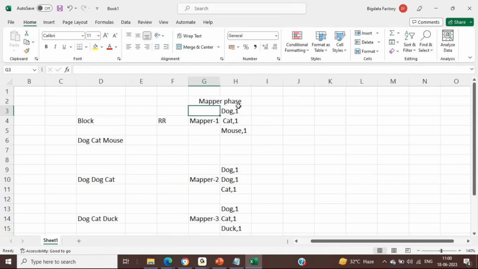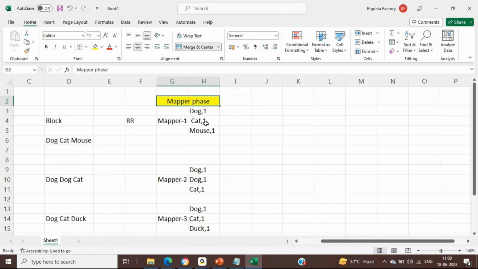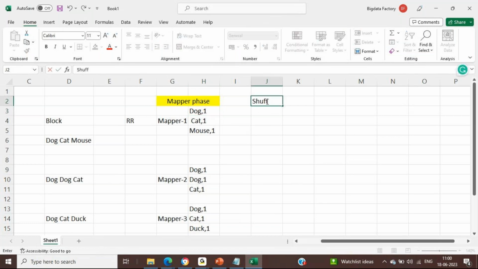Now it will be given to shuffling. So what will shuffling do? It will move this particular data from the mapper machine to the reducer machine, and it will sort it alphabetically.